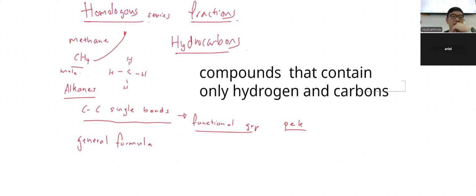General formula is a common formula that applies to everyone. CnH2n+2. Yep. And the numbers is the amount of bonds, is it? No, the n here is the number of carbon atoms. Ah, okay. Number of carbon.